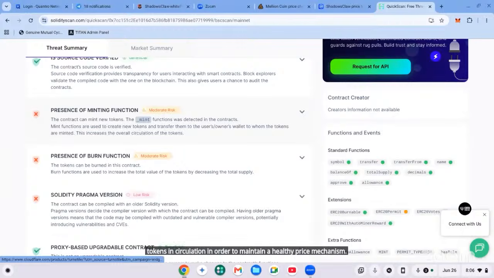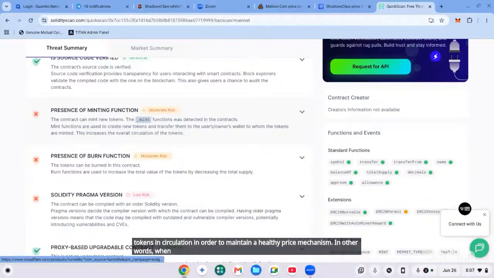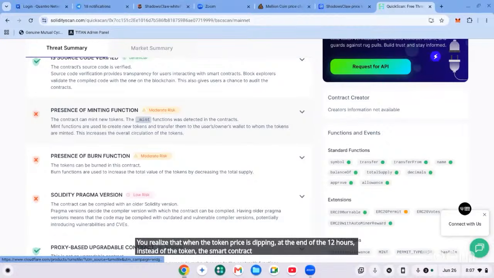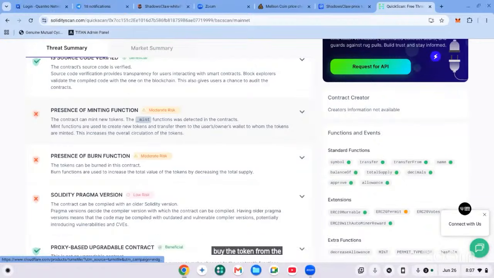In other words, when the token price is dipping, and this is where a lot of people don't understand, when you read their smart contract very well into detail, you realize that when the token price is dipping at the end of the 12 hours, instead of the smart contract producing new tokens into the market, it will rather go to the treasury, take money from the treasury, come to the market, buy the token from the market because it is cheaper, and burn it. By so doing, in the long run, it maintains the healthy price.